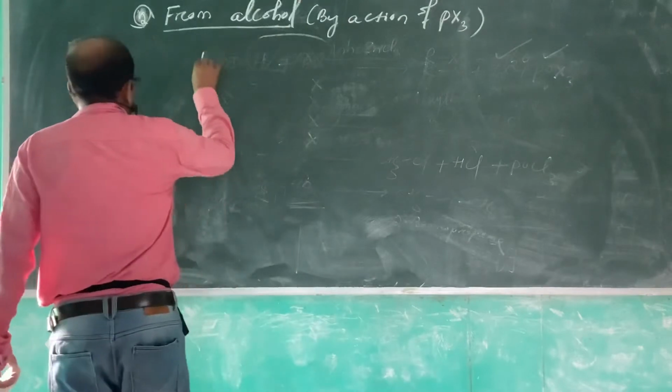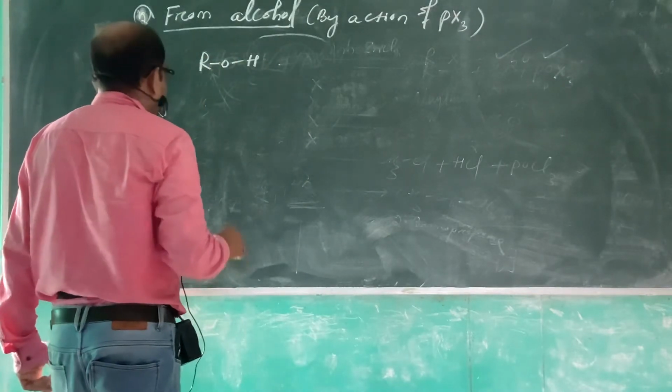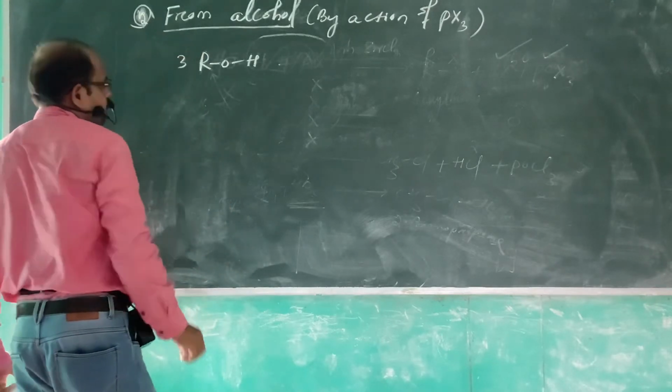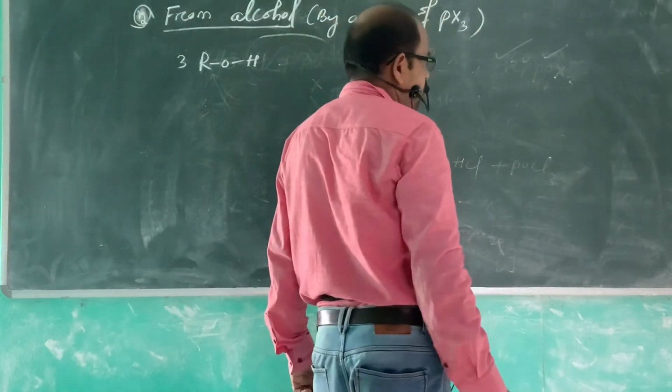Alcohol, ROH. Here we take 3 molecules of alcohol to produce a stable compound.